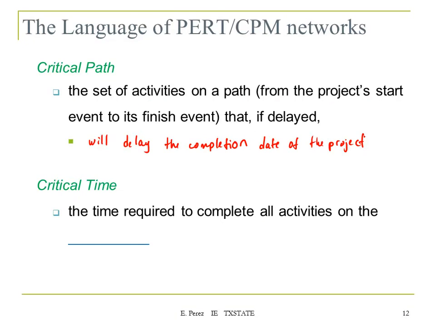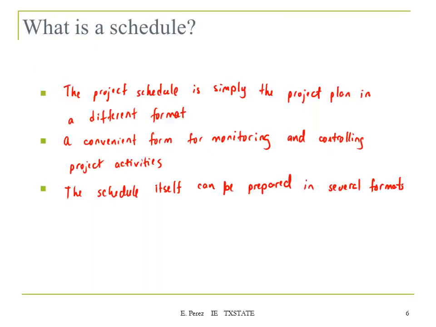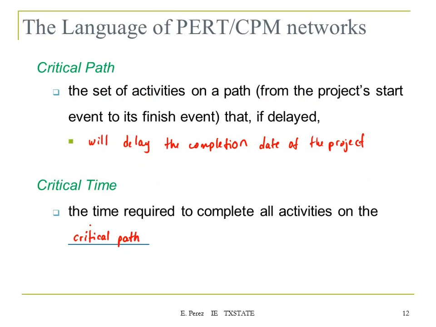And the critical time is the time required to complete all the activities on the critical path. So you're going to identify the critical path, and then you're also going to identify the completion time of that critical path, which is the critical time.